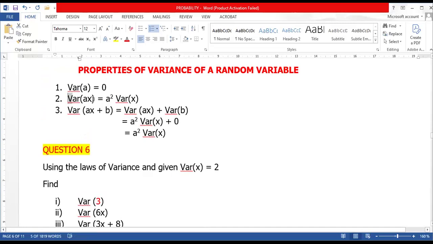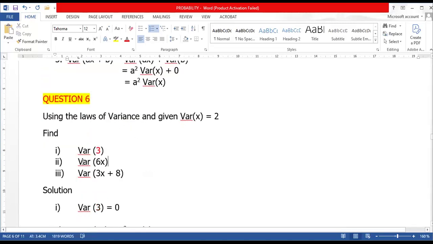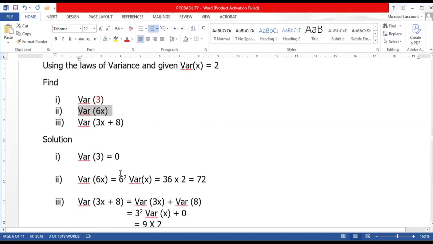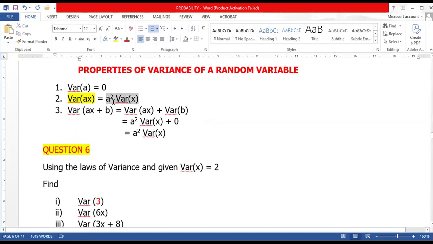Then if you're looking for the variance of something like 6x, the variance of ax, where a is a constant like 6, you put 6 outside and square it, then times the variance of x.